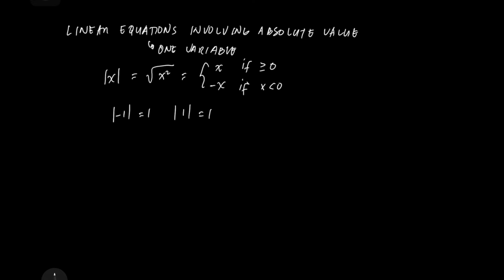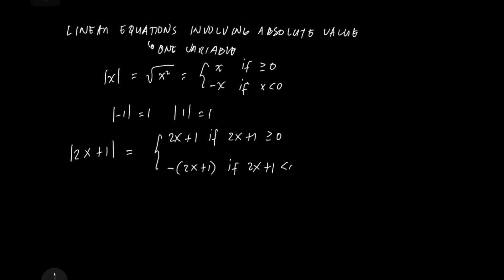Now if we have 2x plus 1, the absolute value of 2x plus 1 can be written as 2x plus 1 if 2x plus 1 is greater than or equal to 0, and negative (2x plus 1) if 2x plus 1 is less than 0.